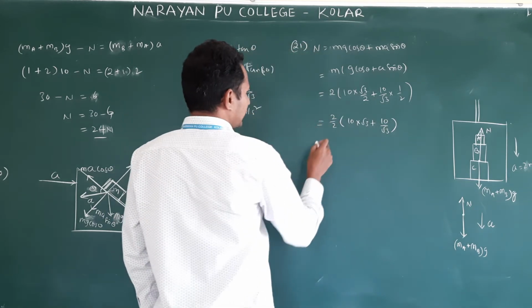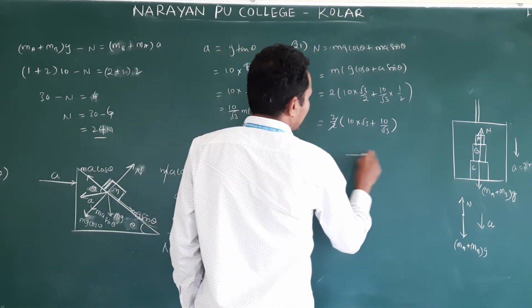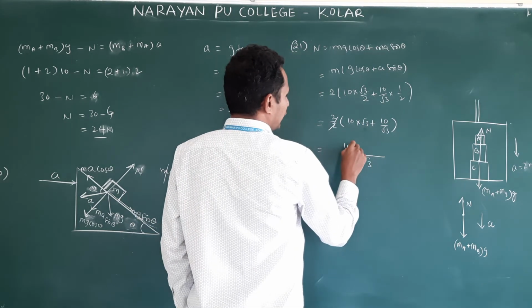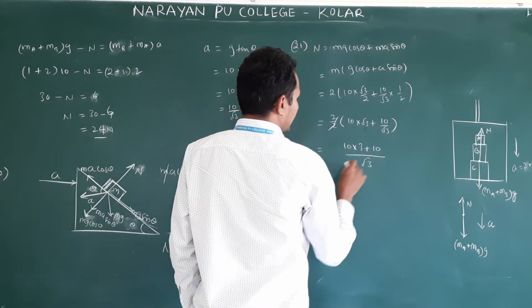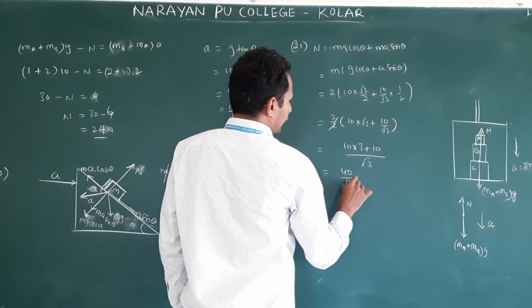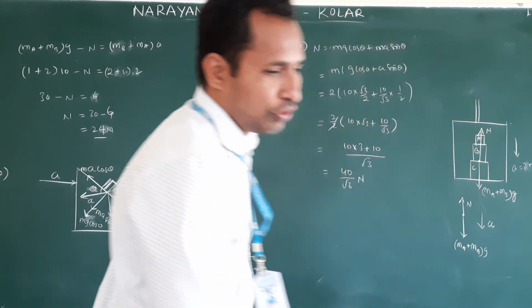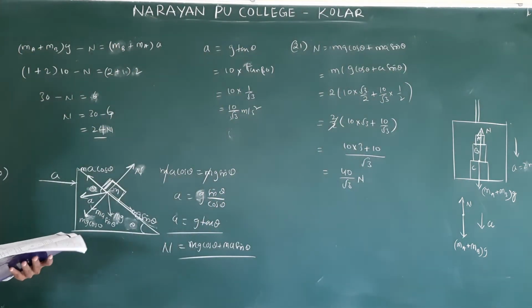The 2 cancels. LCM is root 3. So 10 into root 3 into root 3, so 10 into 3 plus 10. That is 40 by root 3 Newton. Clear?